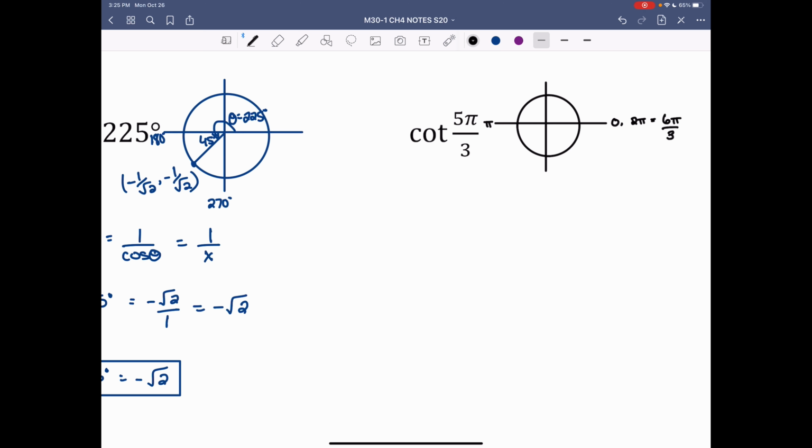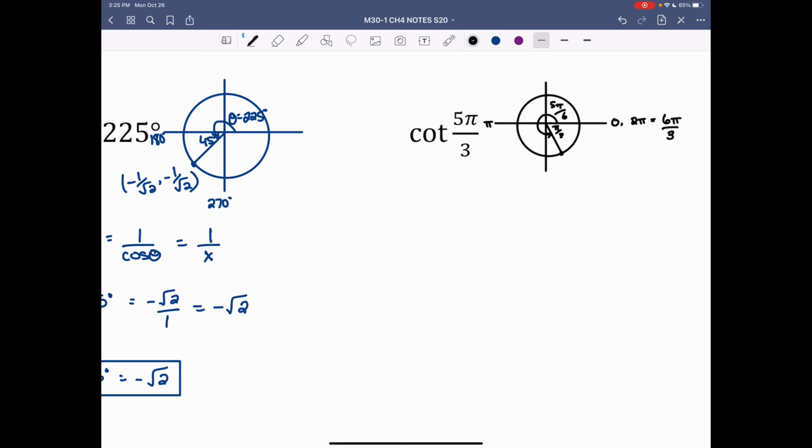So that means that 5 pi over 3 is 1 pi over 3 less than a full rotation. So here, our reference angle is pi over 3, and our angle is 5 pi over 3.